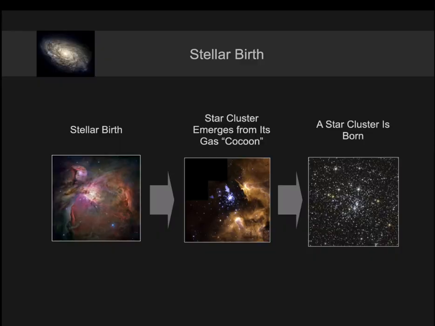So here's a very simple illustration showing how stars are formed. The Orion Nebula is an example of stellar birth. In the center of the Orion Nebula is a cluster of stars that are just being born from the dust and gas in the galaxy.